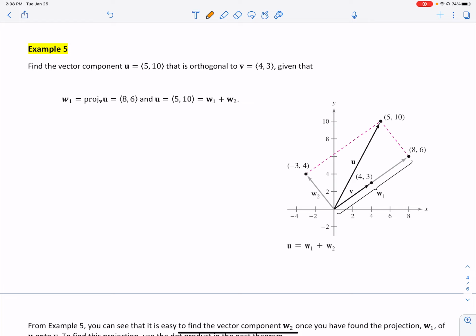All right, well, they gave us W1. W1 is U. I lied. U is here. And we're looking for W2. Did they give us W2? No. Okay, so we need to find a couple things. We don't have a way to find W2.